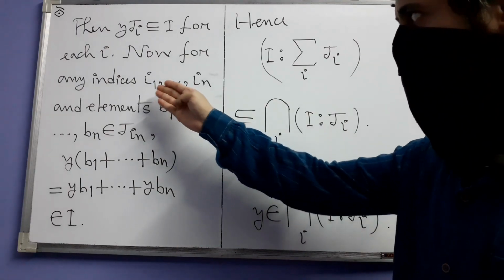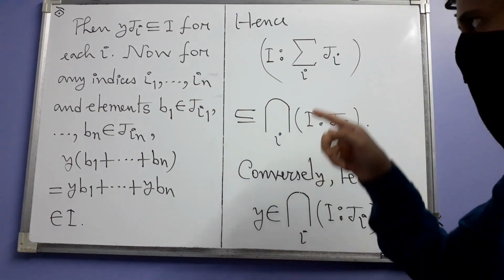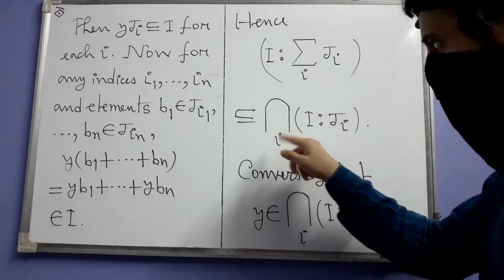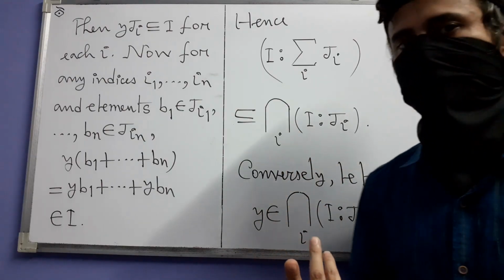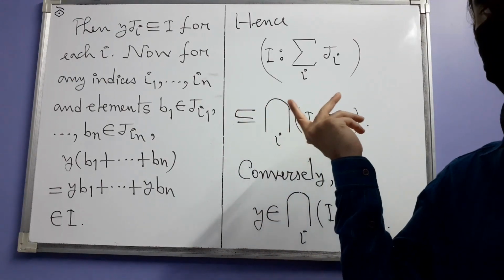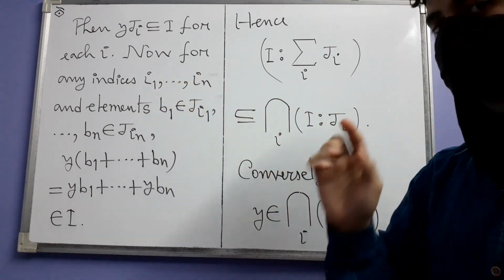Now we are going to choose some finitely many indices arbitrarily, and these indices are actually coming from that set over which this i is changing. Whatever index set is there in the background, from there we are arbitrarily choosing indices but finitely many.